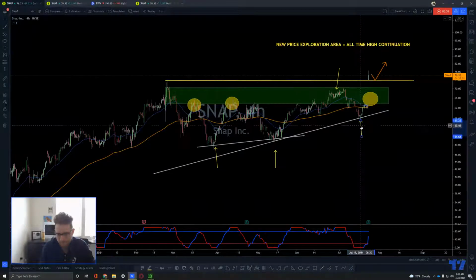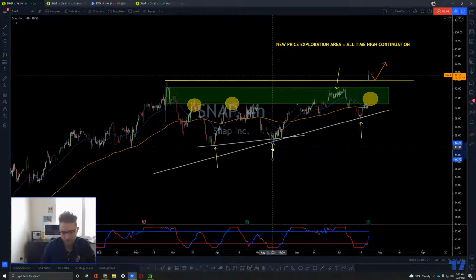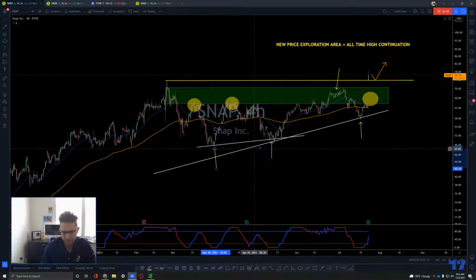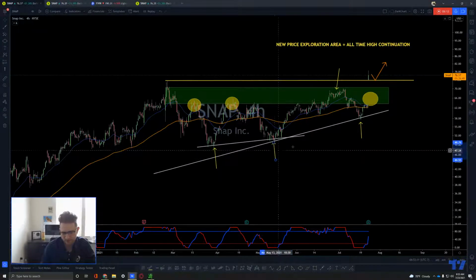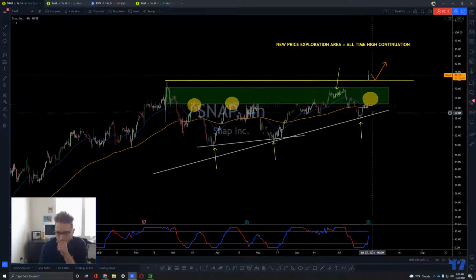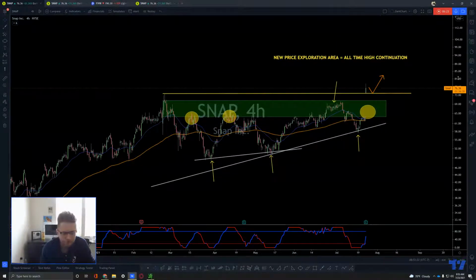So this was the money support. It had formed higher than the previous two supports on a critical trend line. We went into a supply zone, had great earnings, broke out, and now we're exploring all-time highs.